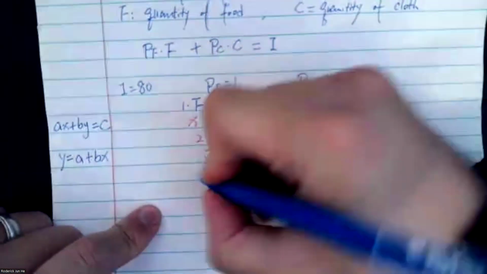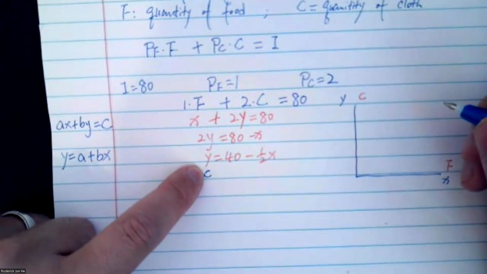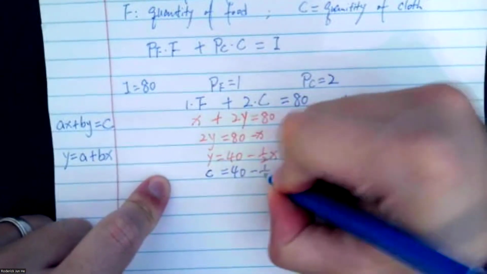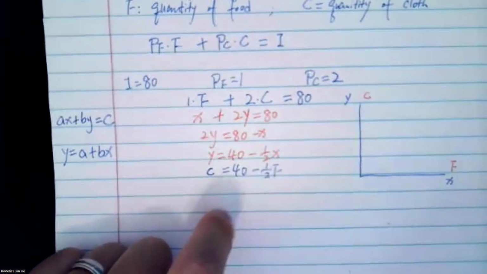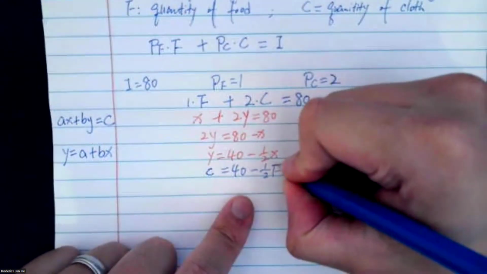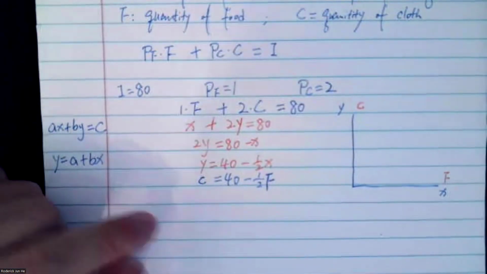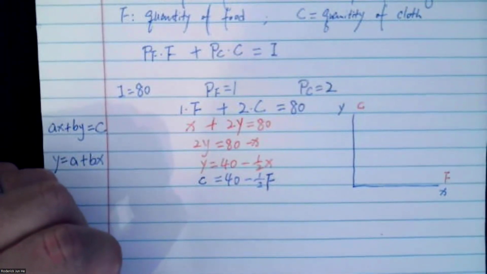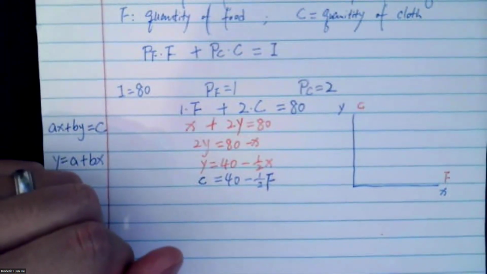So here, C replaces Y, and C equals 40 minus half of X. X is your F. So this is the relationship between F and C, which is the exchange that we make between the quantity of food and clothing so that we can deplete our income totally, perfectly.